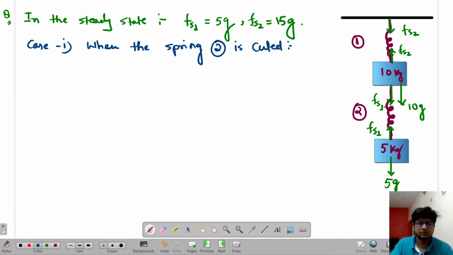Now you tell me, what will happen? Both the bodies will move with acceleration. How much acceleration? You have to tell me how much acceleration.